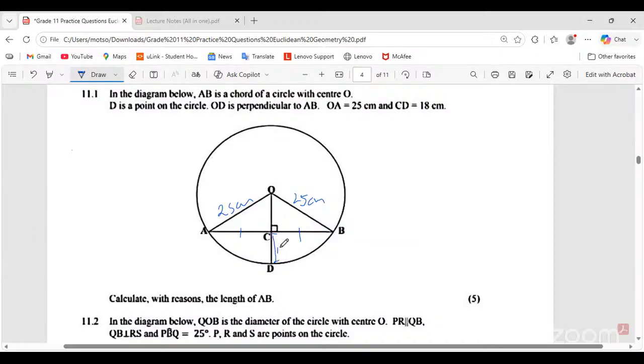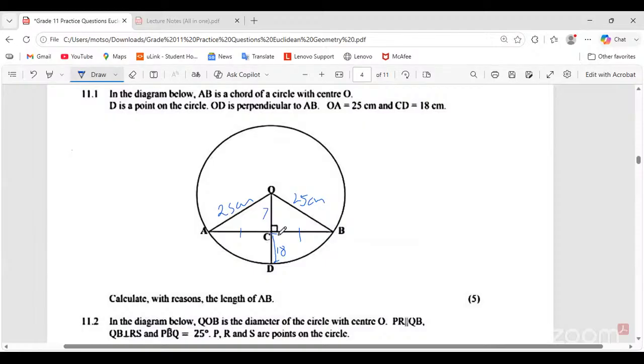It is 18. This is the radius OD. It was 25, right? Now we can also find OC by saying 25 minus 18, we get 7. Therefore, OC is 7 centimeters.